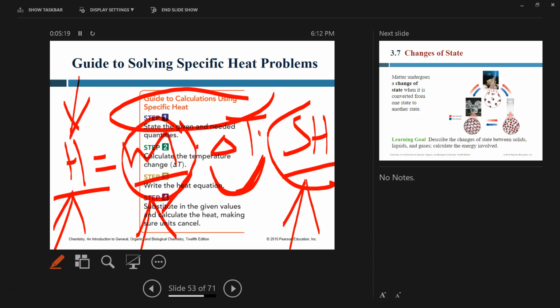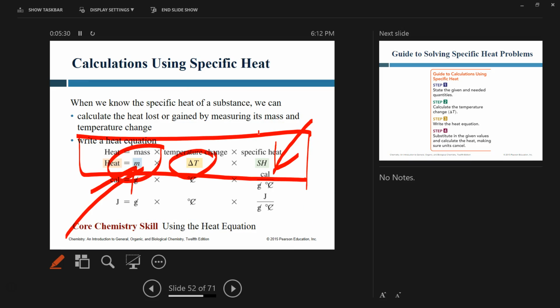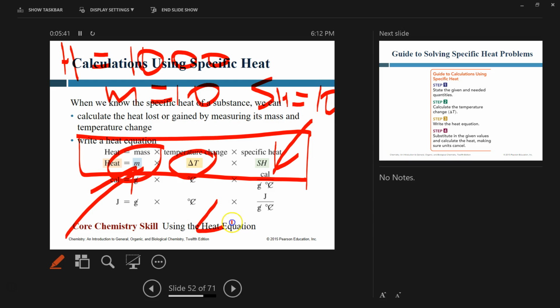Heat is 1,000. Mass is 10. Specific heat is 10. What's the temperature change? So heat is 1,000. Mass is 10. Specific heat is 10. What's the temperature change?